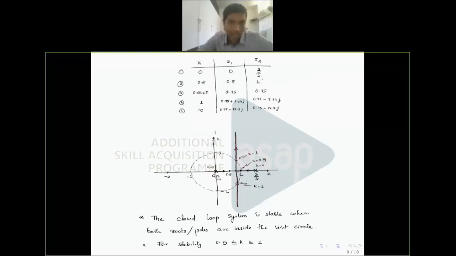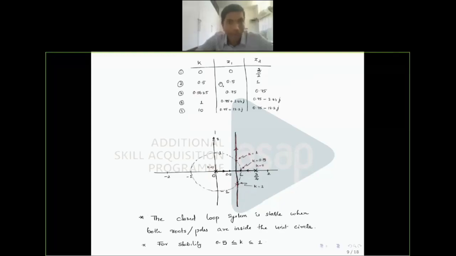Initially when K is equal to 0, the poles were at 0 and 3 by 2. Now I am increasing the gain to 0.5 so that the poles become 0.5 and 1. So this pole moves to this 0.5 location and the pole from 3 by 2 moves to the location Z equal to 1. Okay. So when I increase the gain, these two poles start to move towards the center.